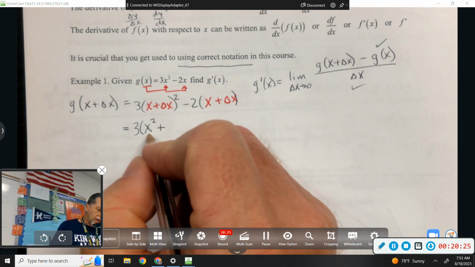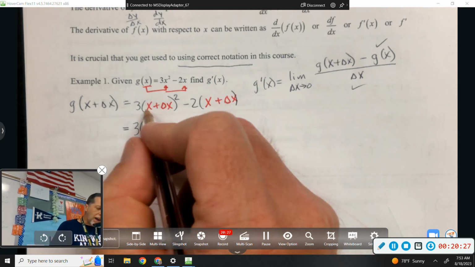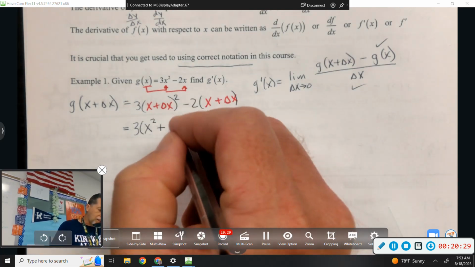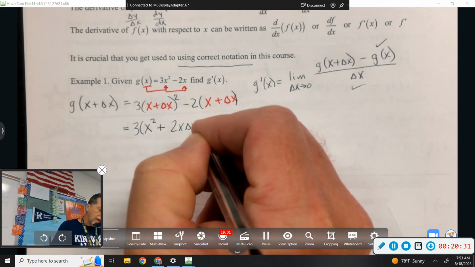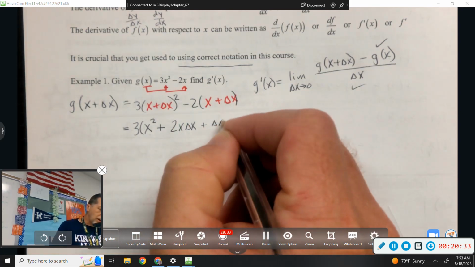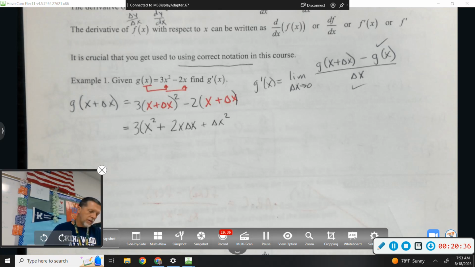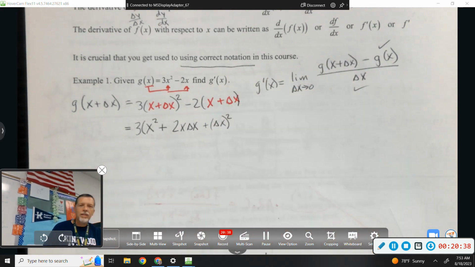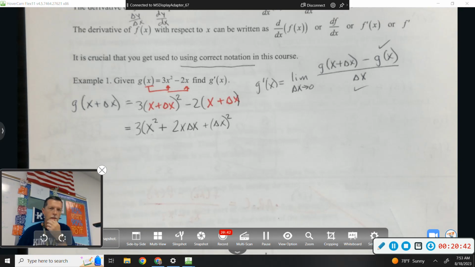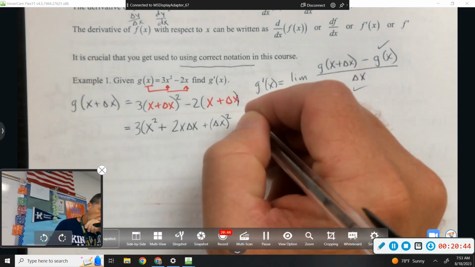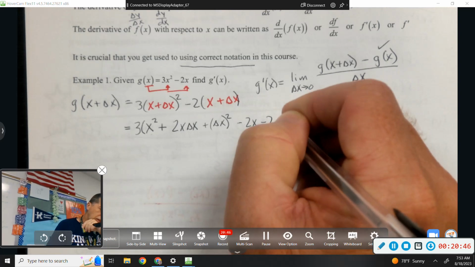So there's the F term. The O and the I would be x delta x, so there'd be two of them: 2x delta x plus (delta x) squared. I'm going to put a parenthesis around that to make sure we understand that we're squaring the delta x. Minus 2x minus 2 delta x.